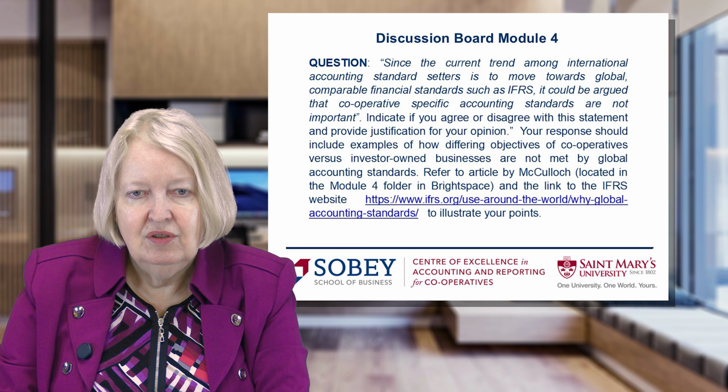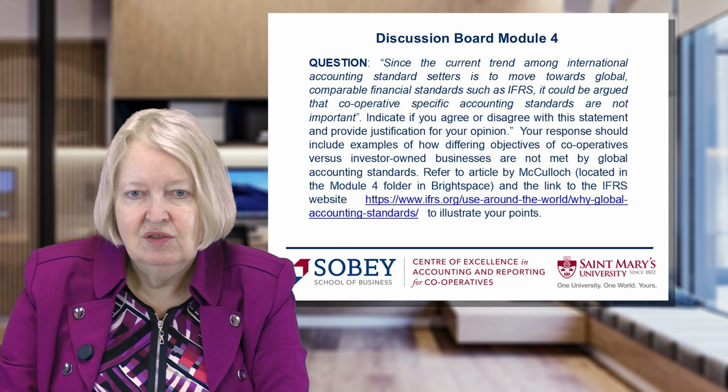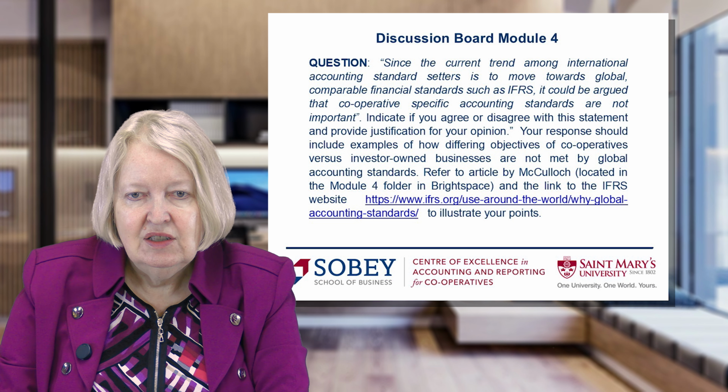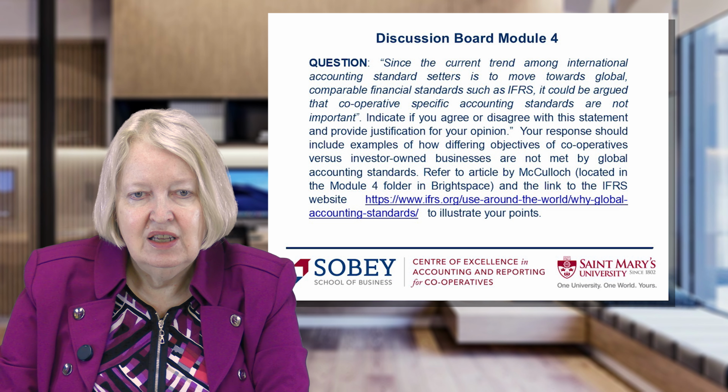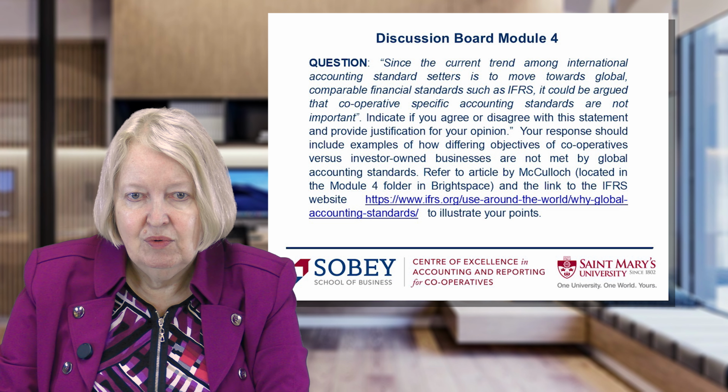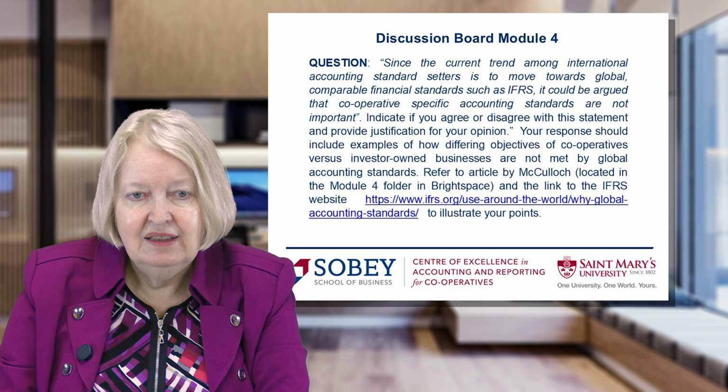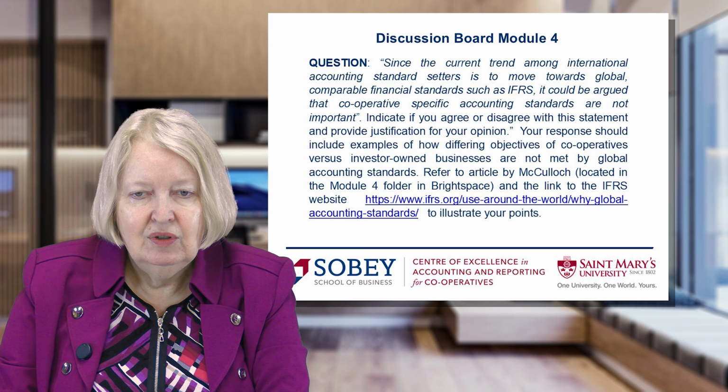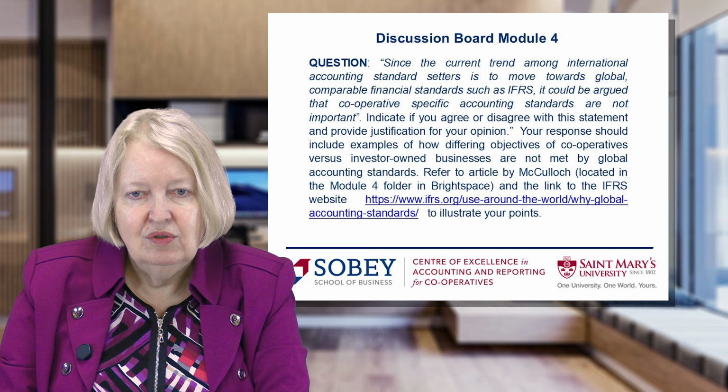Your response should include examples of how the differing objectives of co-ops versus investor-owned businesses are not met by global accounting standards. Read the article by McCulloch, located in the Module 4 folder in Brightspace, and also look at IFRS, where the link is there, so you can use both sources to illustrate your points. So that concludes Module 4.